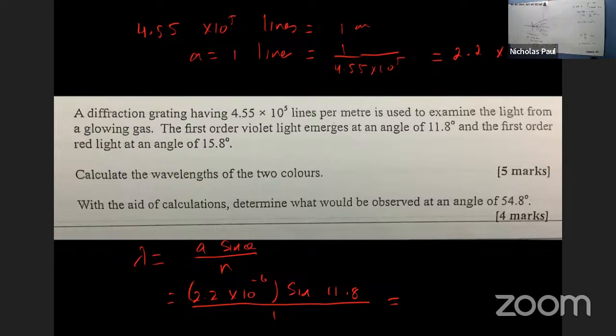How much did you get? What's the exact value you got for this one? 4.5 by 10 to the minus 7. So that's why it's important to know about red and blue, right?